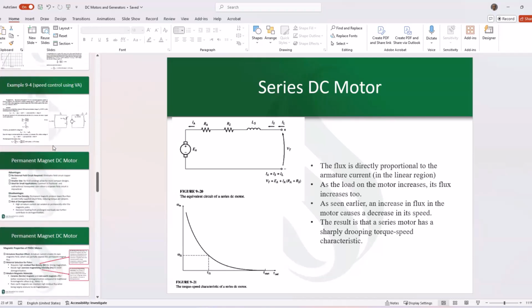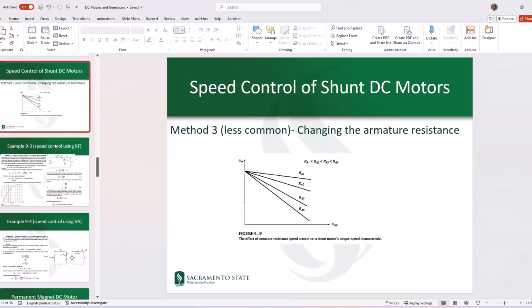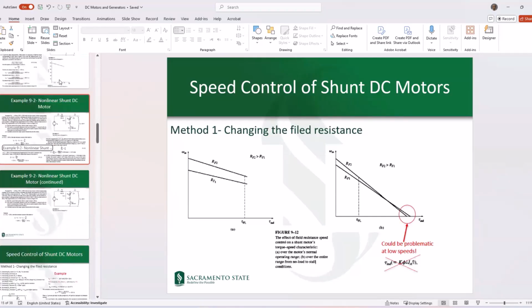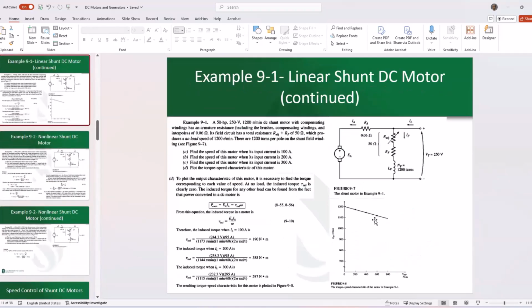Contrary to the way that the torque speed characteristic would work for the shunt motor, where we would be expecting something like this, or in the case of a nonlinear one with armature reaction, it could go a little bit up and not sharply decrease.